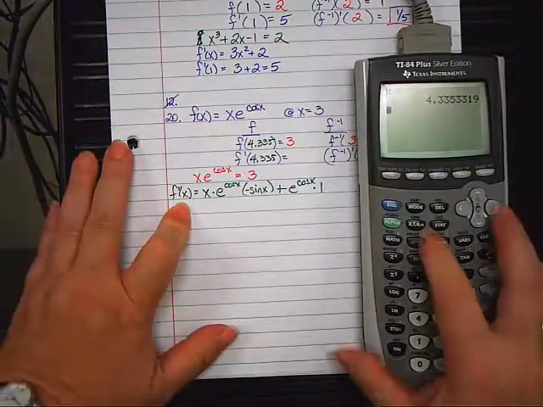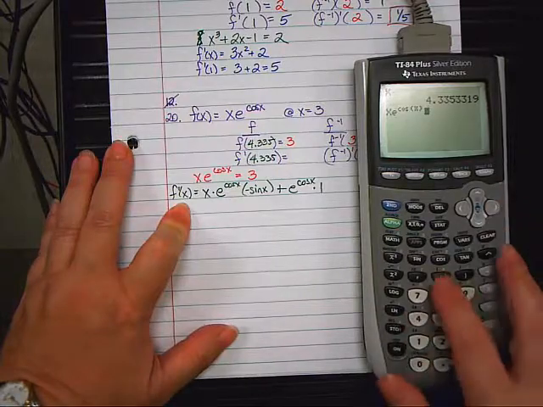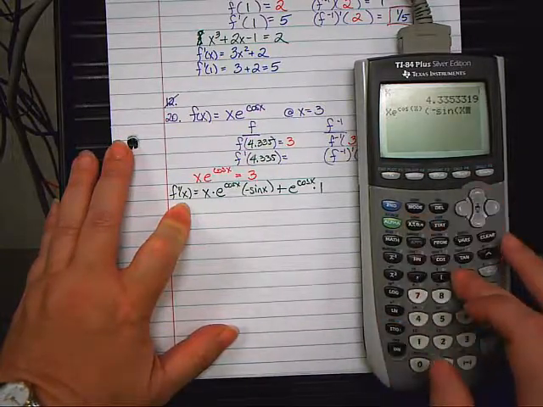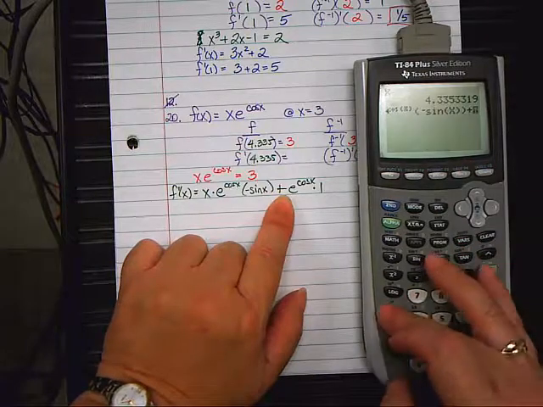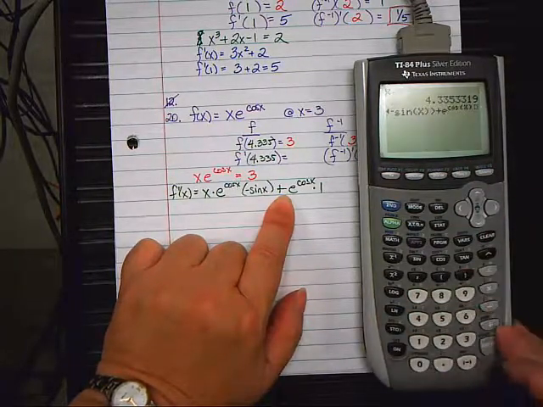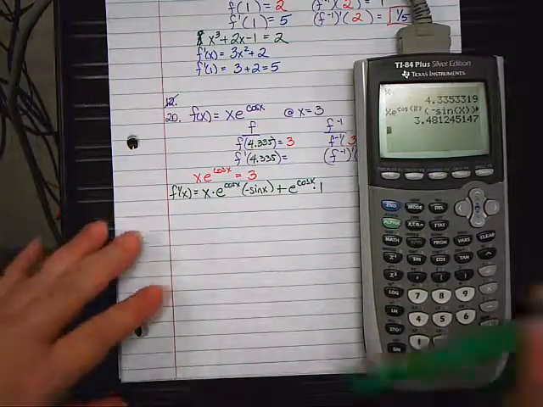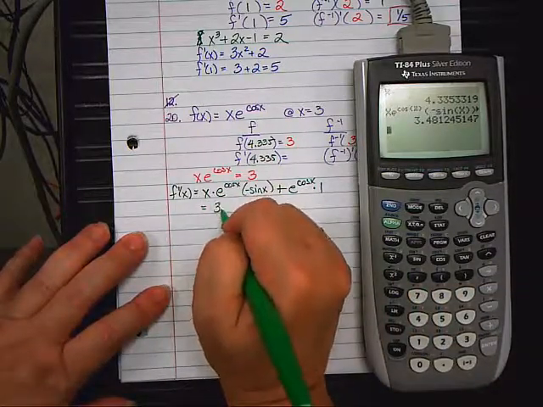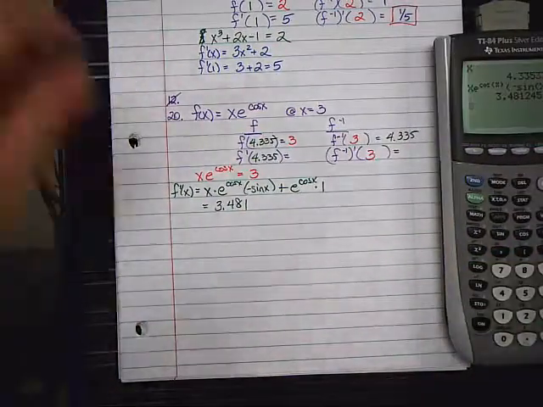It's kind of cool. So x e to the cosine of x, parentheses, negative sine of x, close twice, plus e to the cosine of x. Done. There's your answer. Isn't that cool? 3.481 is what goes here.